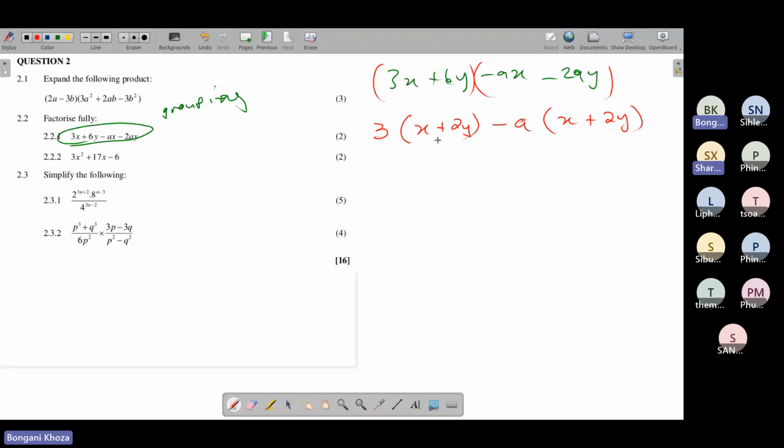Right, so I've taken out the common factor. Next, remember, for grouping, you take out the common factor 2 times. So this is one term, this is another term. So on this term and that term, you look for something similar. This bracket and that bracket are the same. So you take them out as your common factor. You're left with this. And then there's nothing more that you can do there. We are done.